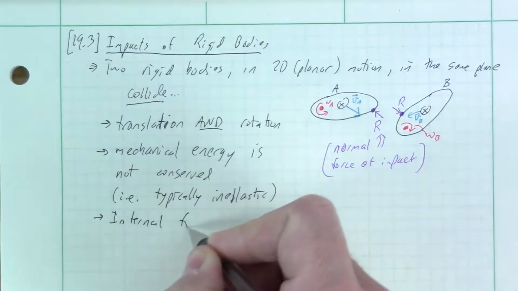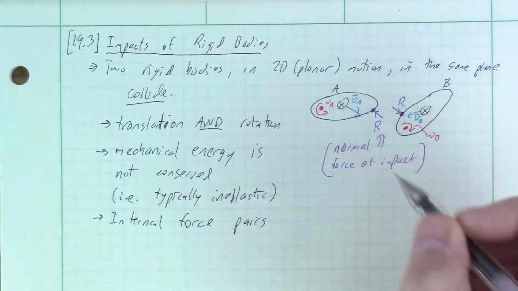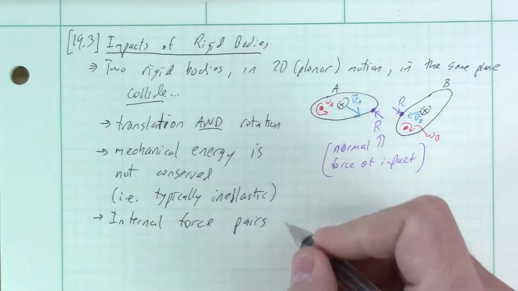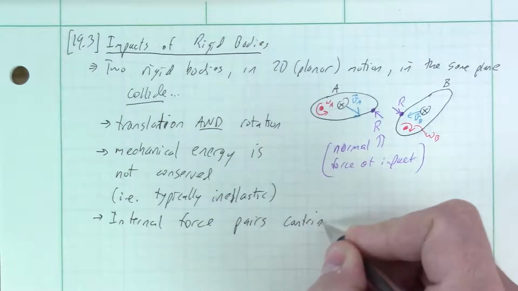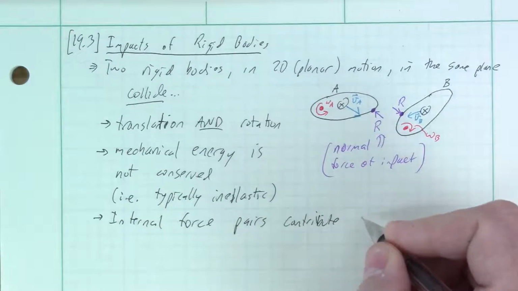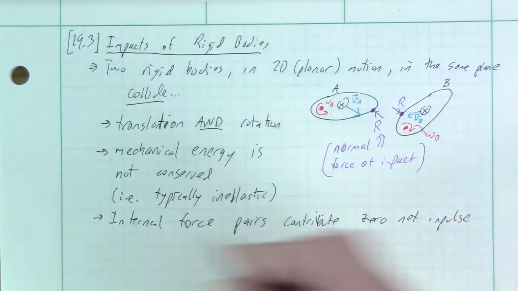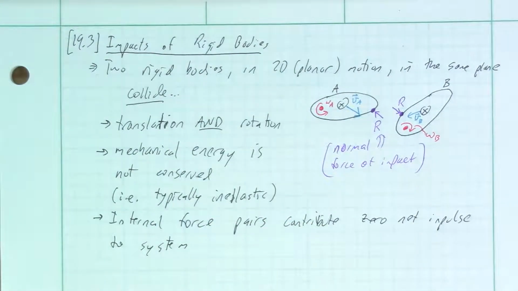Internal forces, like these R's we have there, internal force pairs, equal and opposite in terms of the isolated system of the combined AB system, contribute zero net impulse to the system. So we'll be able to use that idea.